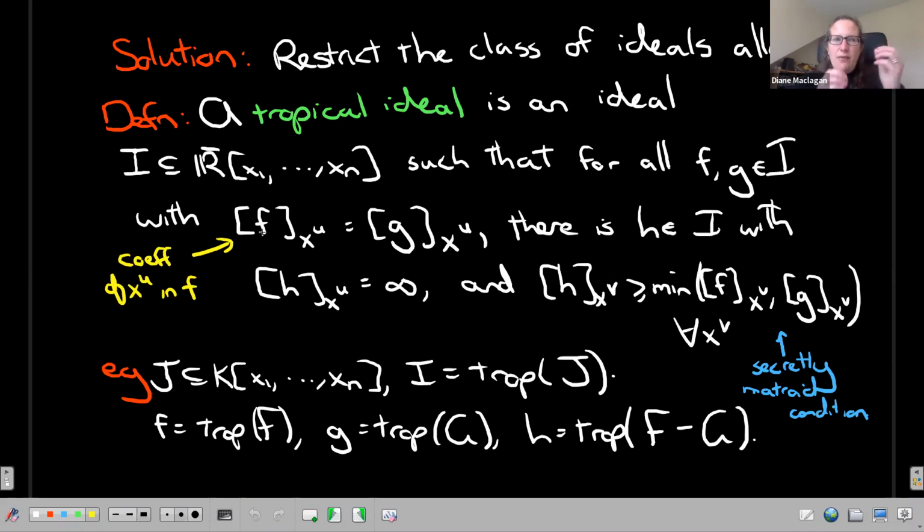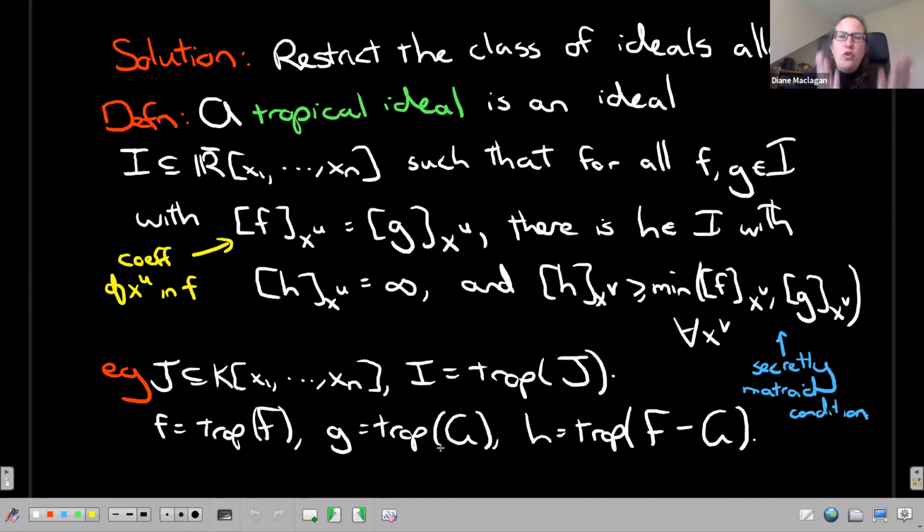So in that case, little f and little g might be the tropicalizations of capital F and capital G. You can choose capital F and capital G by multiplying by something of valuation 0, so that if these valuations are the same, so if we have the two-adic valuation, that would be saying you can pull out the same power of 2, and then we can make the coefficients of x to the u in F and G the same.